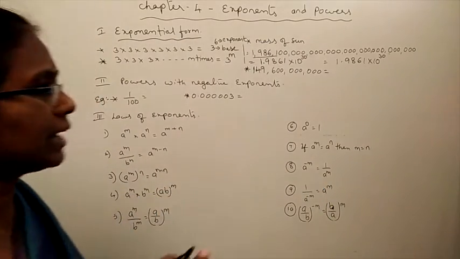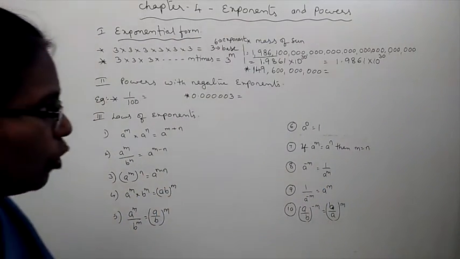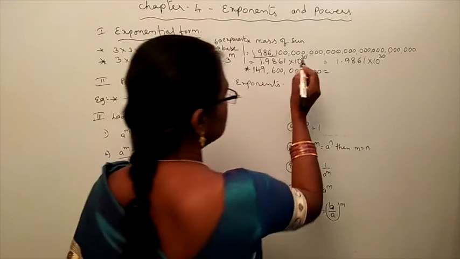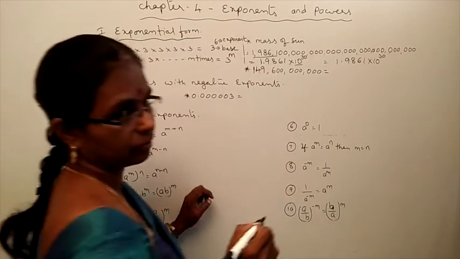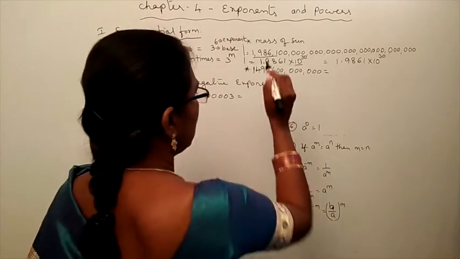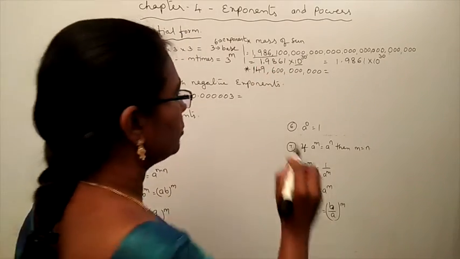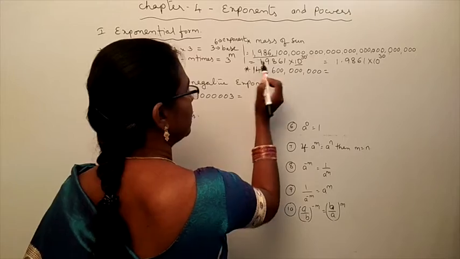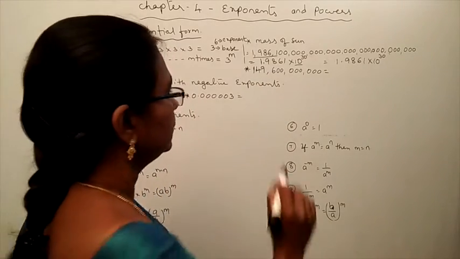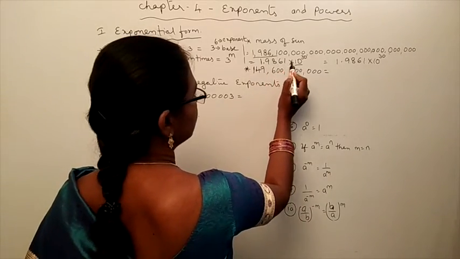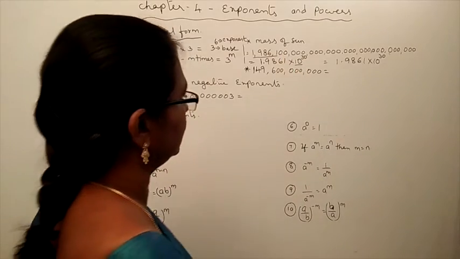When you write in this standard form, you have to use a power of 10. Here, how many digits are there except 0? 5 digits, but after one place we take the point. Then 1.9861 into 10 to the power of 30.